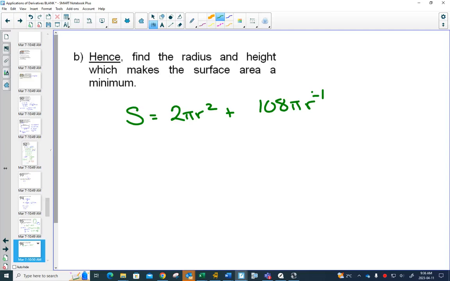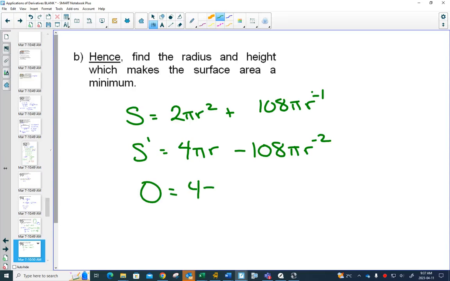The r to the negative 1 allows me to bring that negative out in front to do this. So we want the surface area to be a minimum, set it equal to 0.